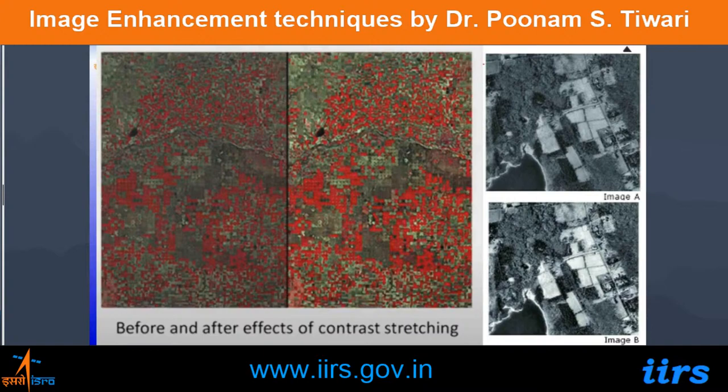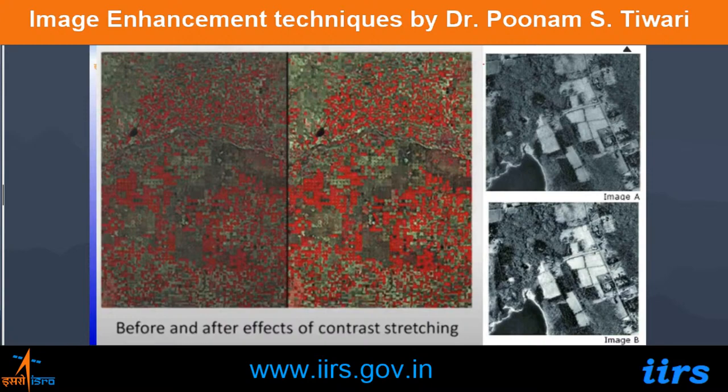Suppose I say we will enhance 95% pixels or 98% pixels. So from the mean of the histogram, 49% on one side and 49% on the other side. Wherever the minimum and maximum value is coming, those many pixels we will enhance.